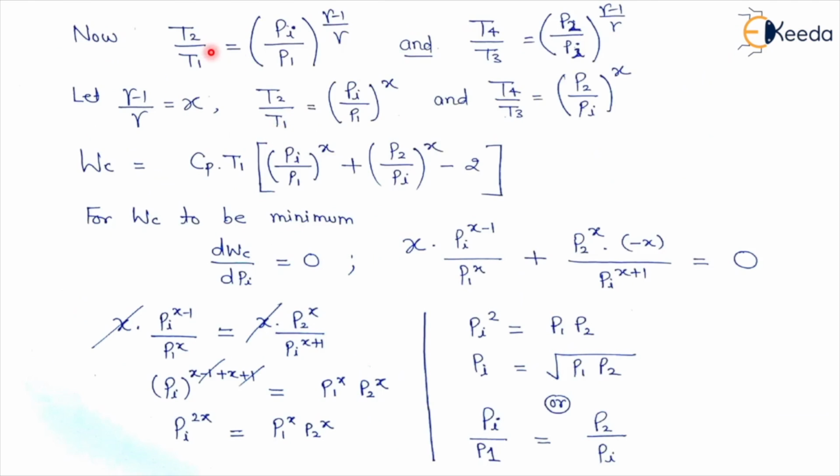You know very well this equation, T2 by T1 is equal to Pi by P1 raised to the (gamma minus 1) upon gamma, and T4 by T3 is equal to P2 by Pi raised to the (gamma minus 1) upon gamma. Let (gamma minus 1) upon gamma be x, then I can write T2 by T1 is equal to Pi by P1 raised to power x, and T4 by T3 is equal to P2 by Pi raised to power x.